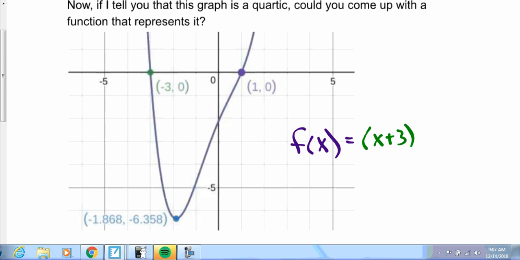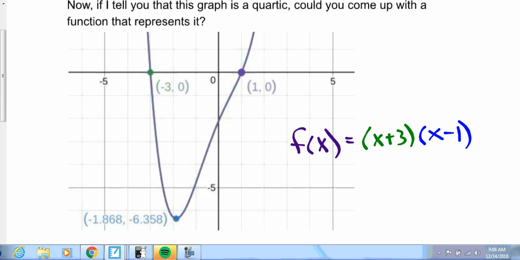And then somebody other than Logan, what's my other zero going to be? Ben, Bill, and Harleen. X minus 1, I'll put that in blue because that's blue and not purple. X minus 1. And then times something else, right?